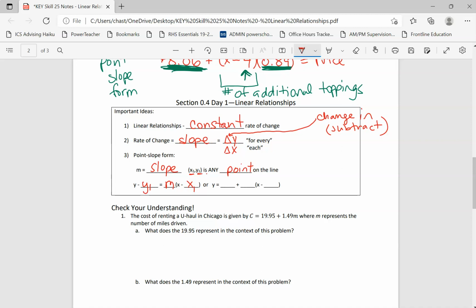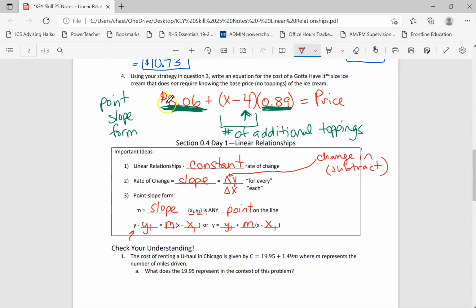Or sometimes you might have the y over here solved for, so you would add the y1 to both sides, so it'd be y1 plus m times quantity x minus x1. And when you look at the example that we did with the Cold Stone Gotta Have It size, we actually use the second version of the point slope form.